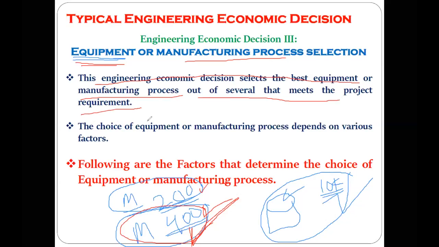In the market, different kinds of machineries are available, different varieties. Some have less capacity, some middle level capacity, some the highest capacity.